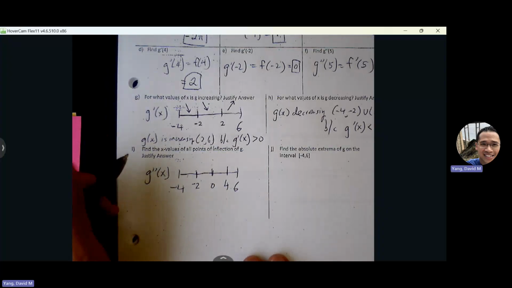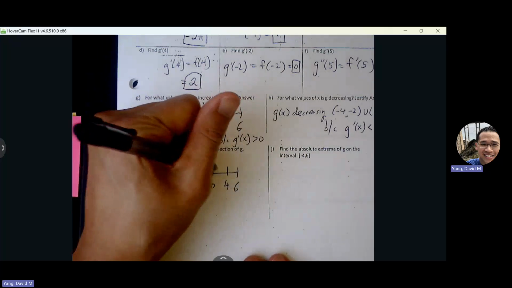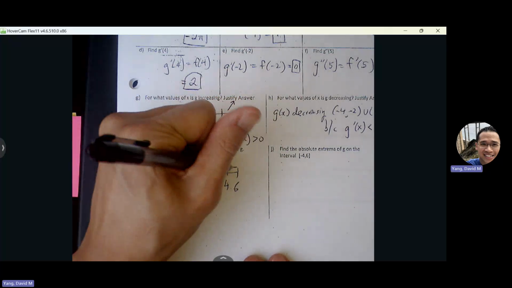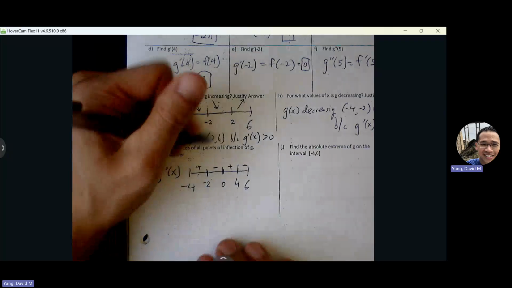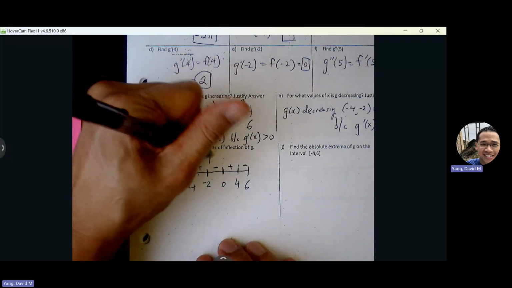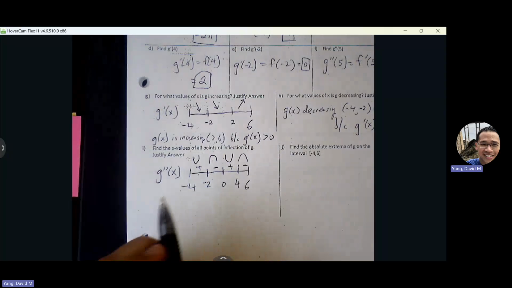There, look at the slopes. I start off with a positive slope, then negative slope, then positive slope, then negative slope. And then we know the plus and minus on the g double prime is related to concavity. And so these are all points of inflection, right? We have change in signs for all of them.